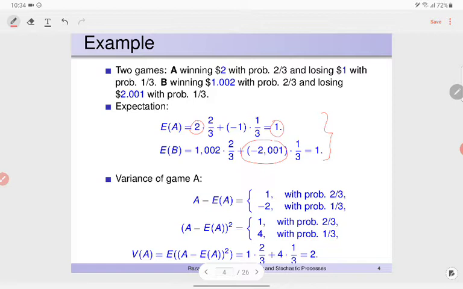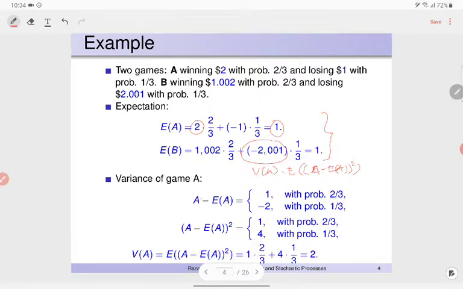We can actually see this and quantify this by looking at the variance. Let's look at the variance of game A. The definition of the variance of A is the expectation of (A minus EA) squared. So let's take A minus EA first.